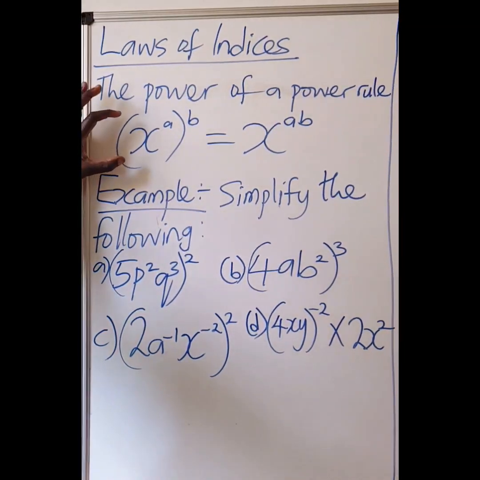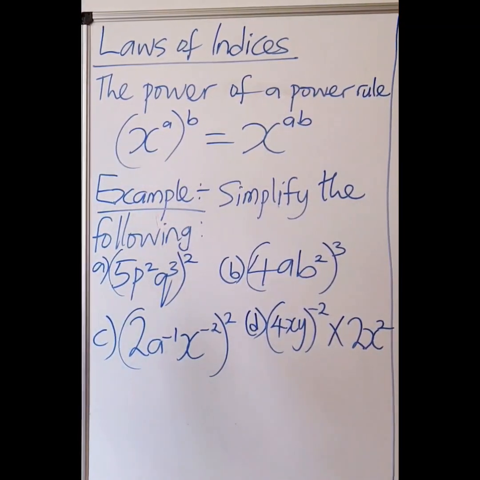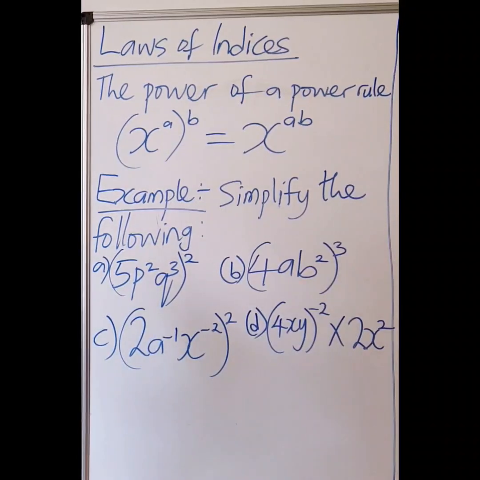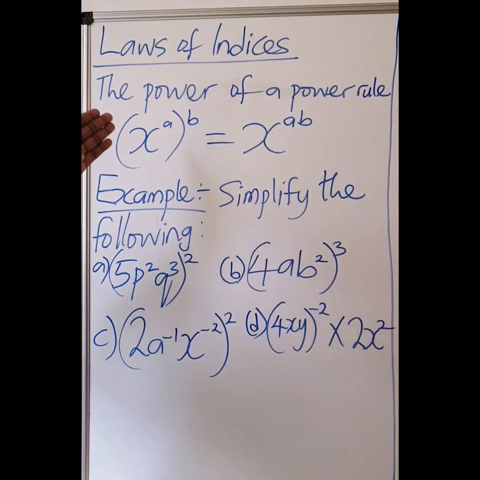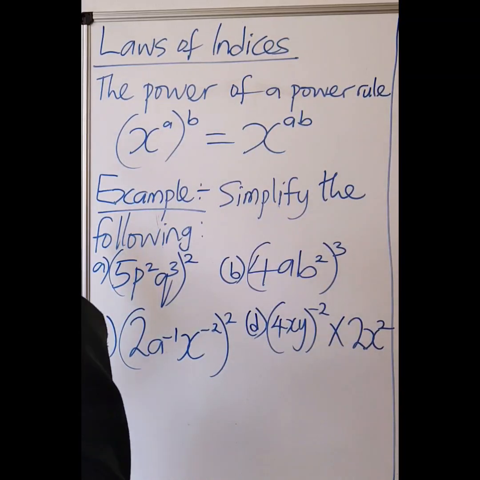Typically here we have x raised to power a, have a bracket over it, everything raised to power b. The implication of this rule is that x has double power. The first one is a, and the other one outside the bracket is b.